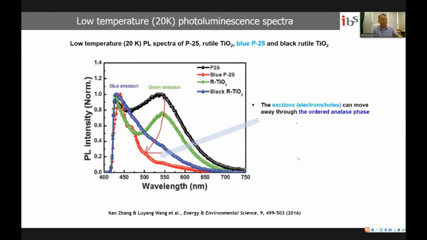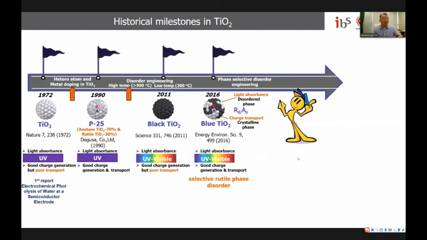So our finding is that we selectively reduce only one phase, the rutile phase, from the P25 mixed phase. So we selectively disordered only one phase, and the other, the unchanged crystalline anatase phase, can effectively do charge separation and charge transport.